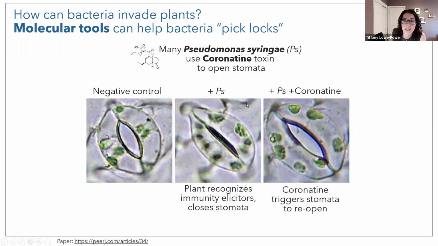However, shortly after that, the Pseudomonas bacteria make this secondary metabolite, the coronatine toxin, and that actually triggers the stomata to reopen. That's a direct strategy of the bacteria picking the lock to then enter the plant.